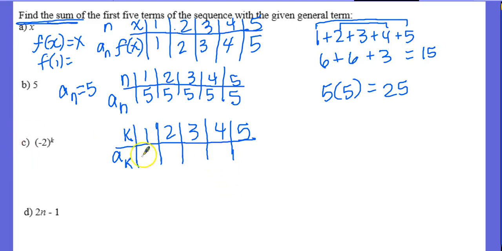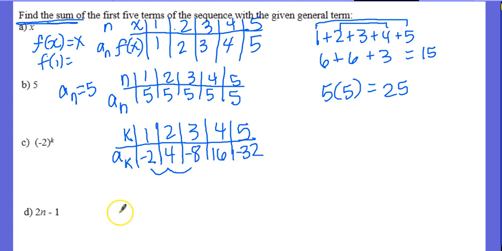So if we plug in a 1, what's -2 to the 1? -2. What's -2 squared? And -2 cubed. -8, you got it. And -2 to the 4th. Guys, you're multiplying times -2 every time. That's your base, -2. So it's -8 times -2? 16. What's 16 times -2? -32. It's just multiplying times your base.